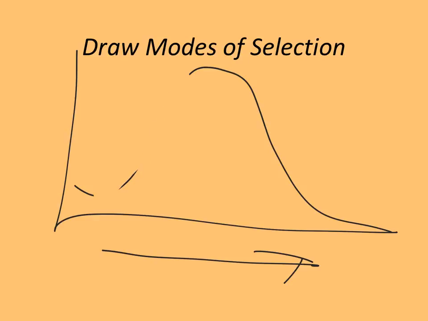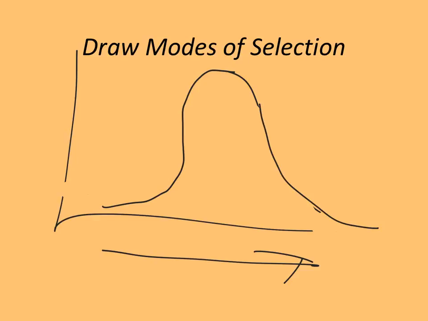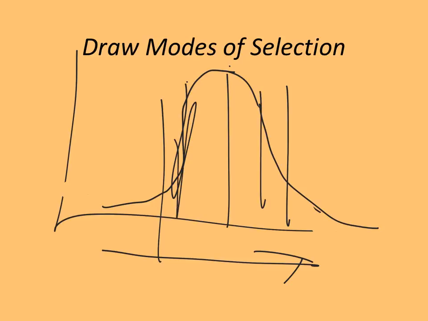And so eventually, you'd end up with very few individuals here, mostly right in the middle. And with stronger selection, you'd end up with even more. It's just very narrow, okay? So that's stabilizing selection.